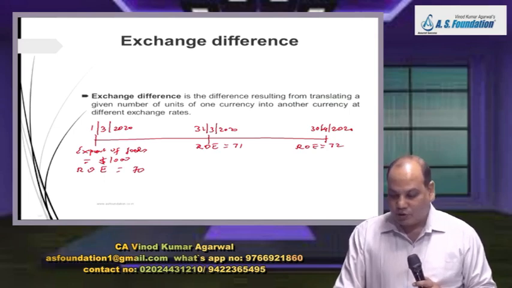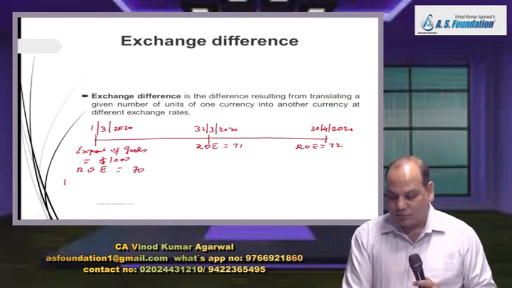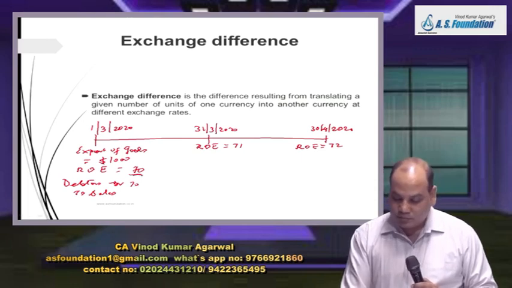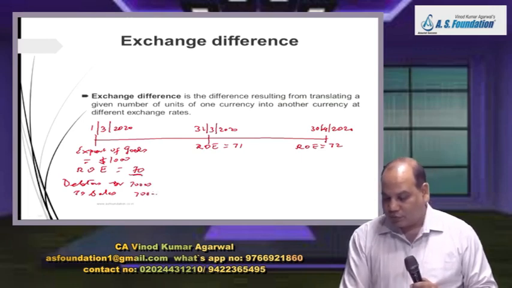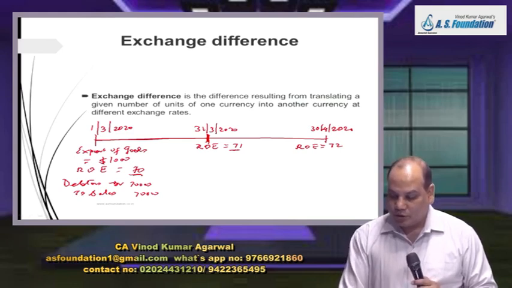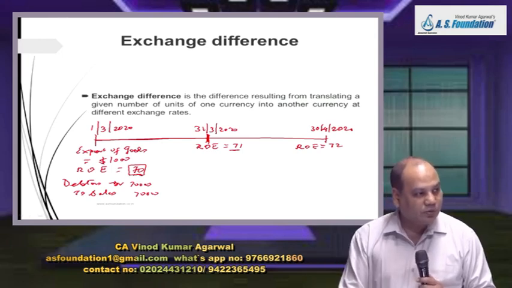Okay. So what will be the accounting treatment? First, when we sell, we'll record the sale transaction. Like in schools, we used to write debtors account debit to sales account. So you'll first apply this spot rate, 70,000. But this customer has not settled so far. He is appearing in the balance sheet. So I will apply 71 to value this customer. He has already been valued at 70. So I have to just increase the value by 1 rupee.